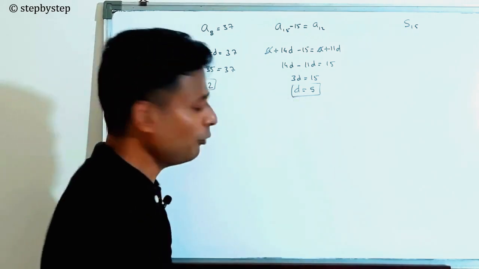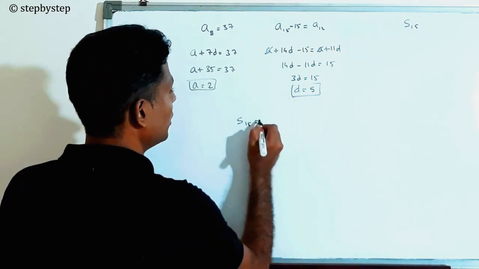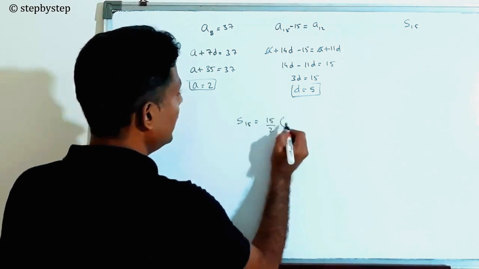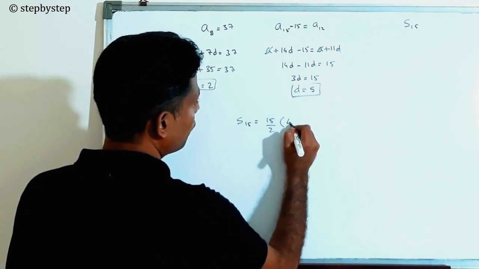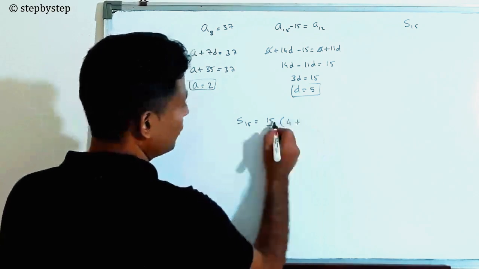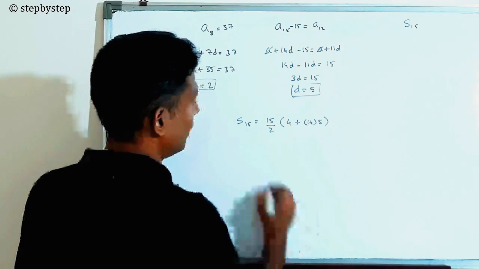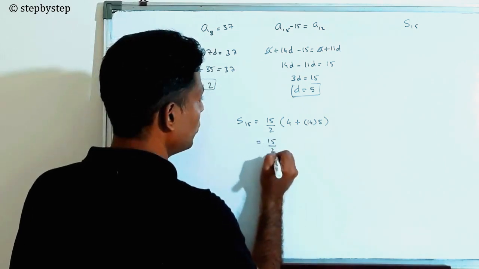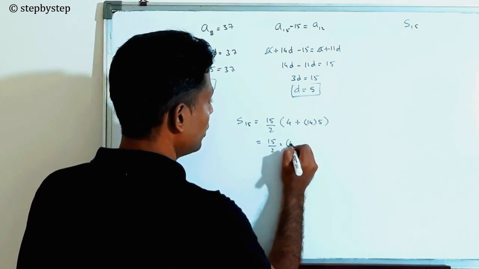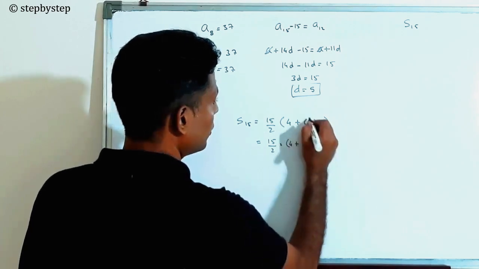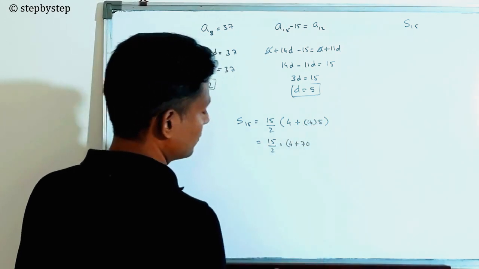Now we just have to find S_15. So S_15 will be equal to n by 2, that is 15 by 2, into 2a, that is 2 into 2, 4, plus (n minus 1), that is 15 minus 1, 14, into d, that is 5. So I have 15 by 2 into 4 plus 70.